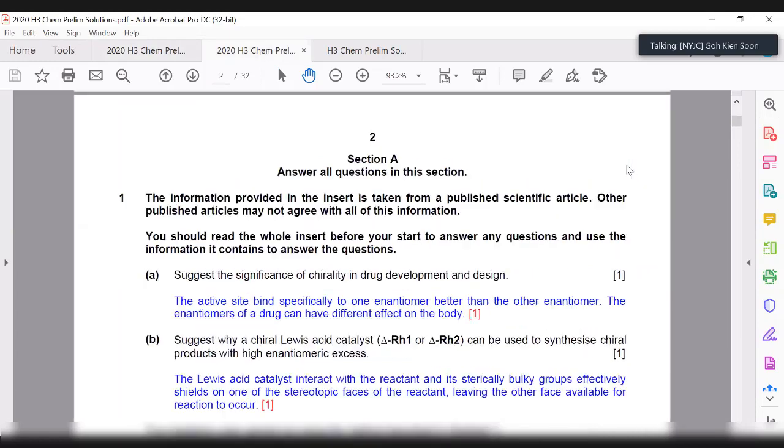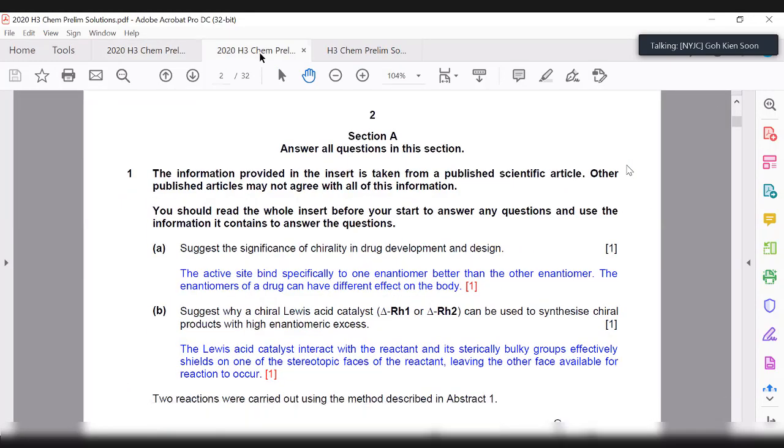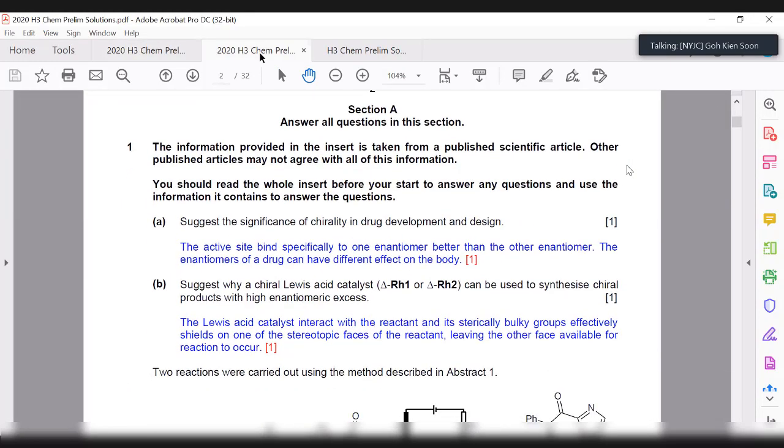So again, for the first 2 questions, like what I said, I will purposely set 1 or 2 questions that are really beyond the syllabus, to get them to think out of the box, right? What's the significance of chirality in drug design, as well as how come a Lewis acid catalyst is usually used to synthesize chiral substances, okay?